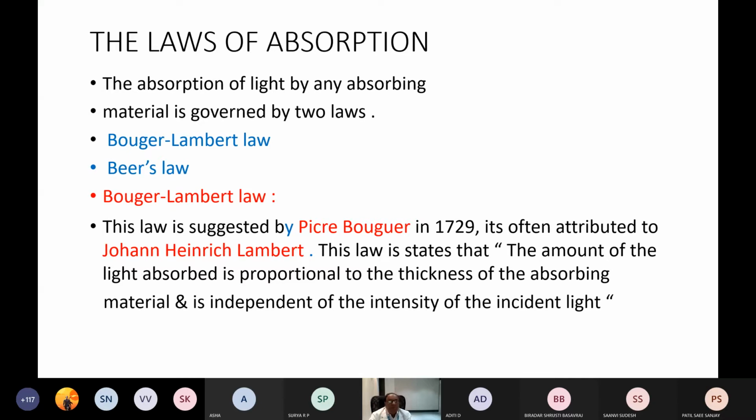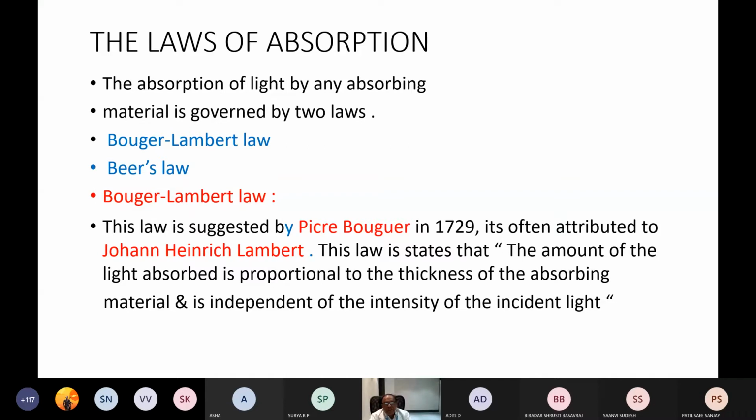Based on this, yesterday the master told you, I am just repeating it. There are laws of absorption. The absorption of light by any absorbing material is governed by two laws, Bouguer-Lambert law and Beer's law. Combined, they are called the Bouguer-Lambert law.